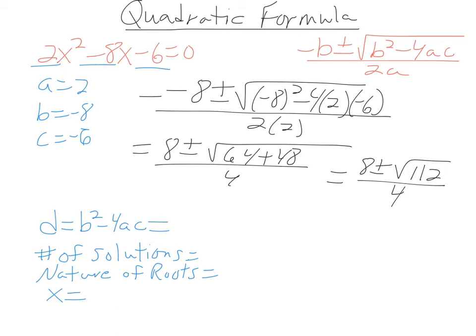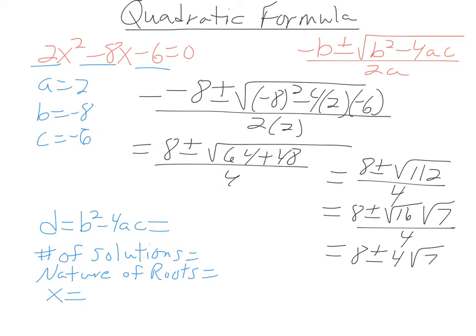You can see if that simplifies down. I already know that it does. I just tried some terms. I tried to find a perfect square in 112. A perfect square in 112 is 16 times 7. So that's all over 4. So then I'd have 8 plus or minus 4 square root of 7 over 4.